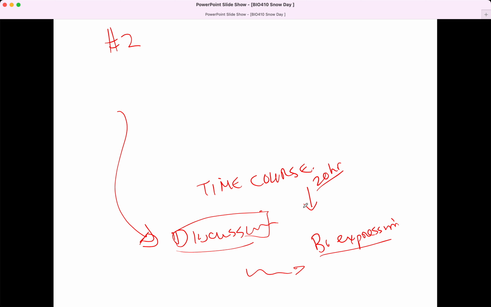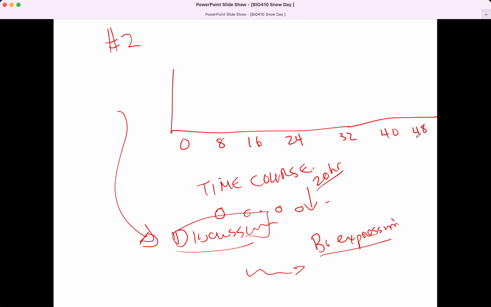And so we've collected an earlier time point and a later time point. A time course is to just take consistent time points, like let's say every 8 hours during this period. So the animals could go back on food, and that would be 0 hours, and the graph would be 0 hours, and then 8 and 16 and 24 and 32, I hope that's right, and 40 and 48 and maybe another one like that.